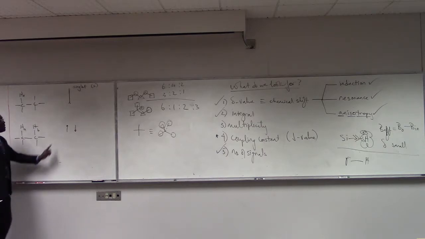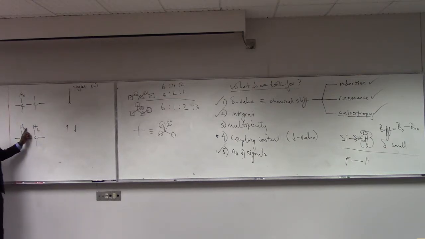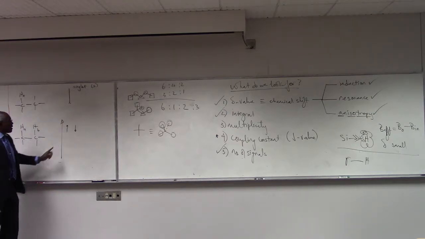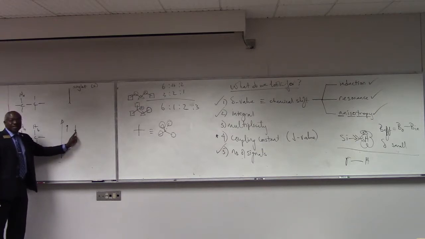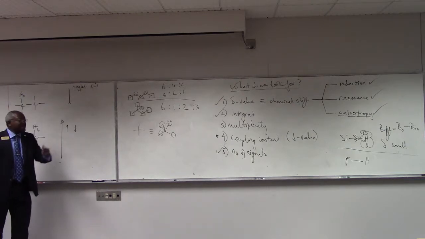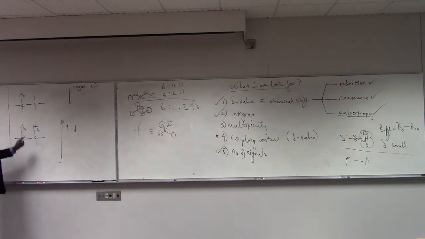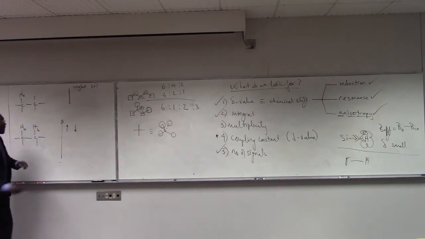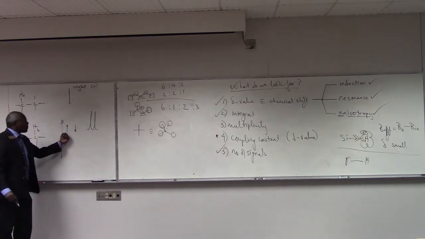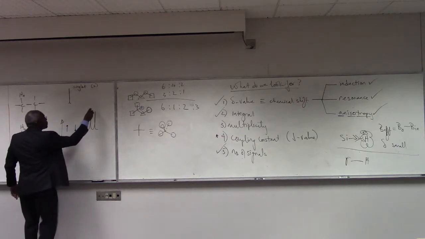So when I apply my B naught, two different fields are felt by HA. One in which B naught is added to this spin state, one in which B naught subtracts that spin state. That creates two different B effectives, and therefore two different delta E's. Which means this HA comes to resonance twice. And they will come to resonance 50-50 because the likelihood of up or down is equal. So what I will get for HA in this scenario is a doublet.